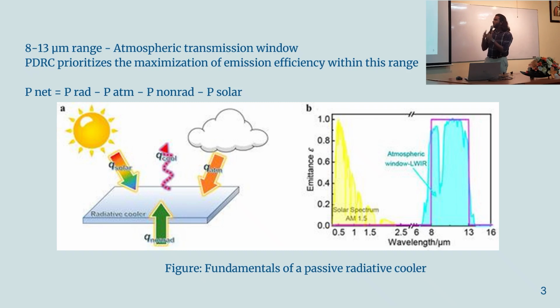So if we take a radiative cooler, that means it cools by emitting radiation, it will absorb radiation from the surroundings, also radiation from the sun directly, and also warm due to conduction. Maybe you make a coating and you spray it on your material.